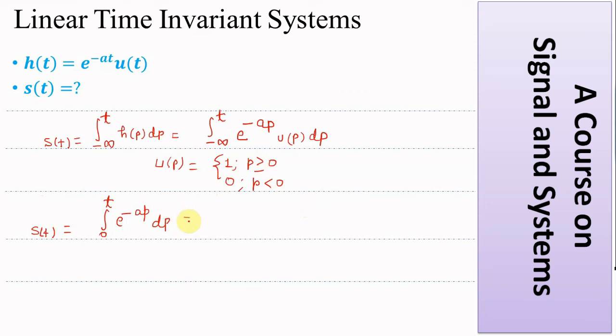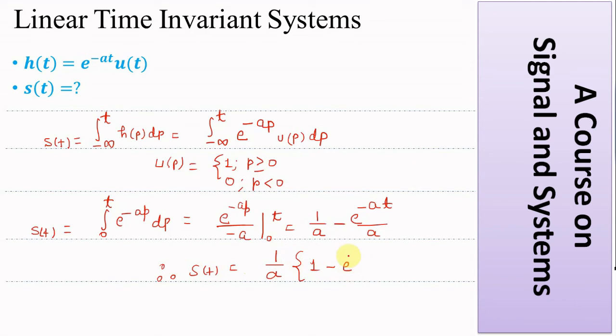The integration of e raised to the power minus a p with respect to p becomes e raised to the power minus a p by minus a, and then we shall apply the limits 0 and t. So this becomes basically 1 upon a minus e raised to the power minus a t by a, and therefore the s(t) which we are getting is 1 upon a times 1 minus e raised to the power minus a t.